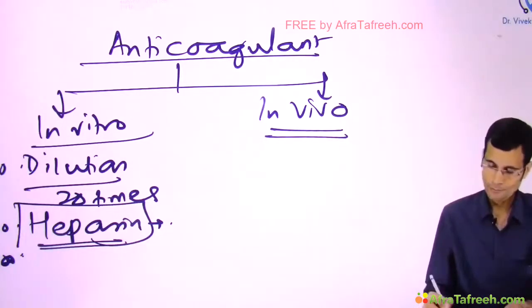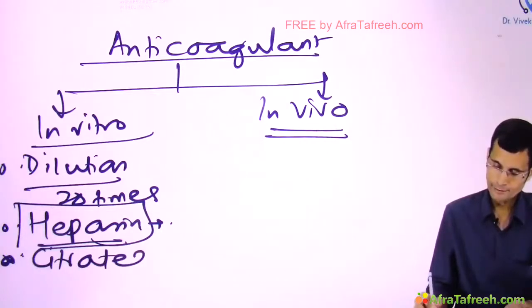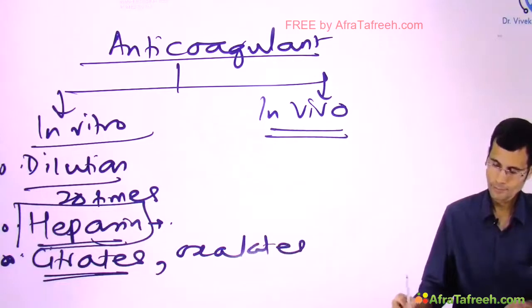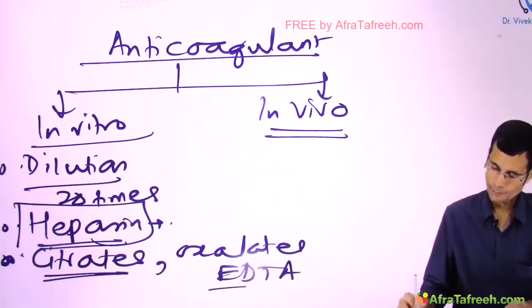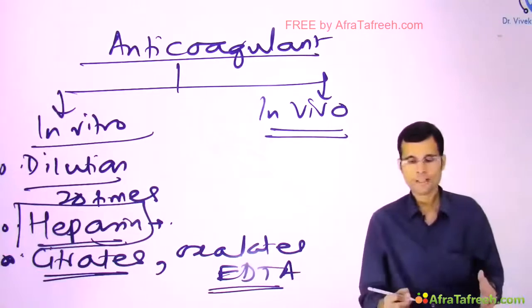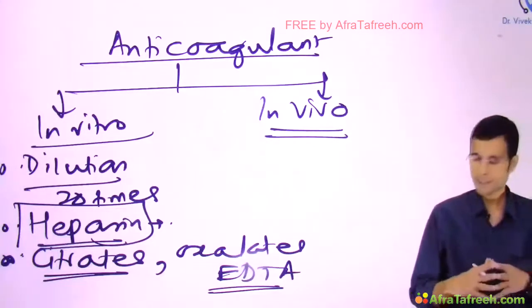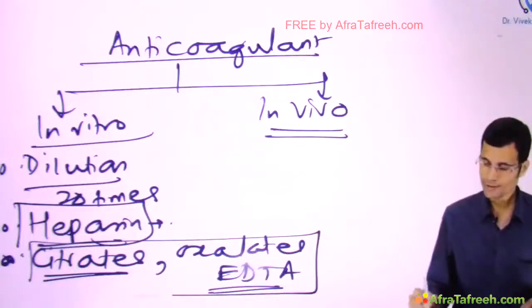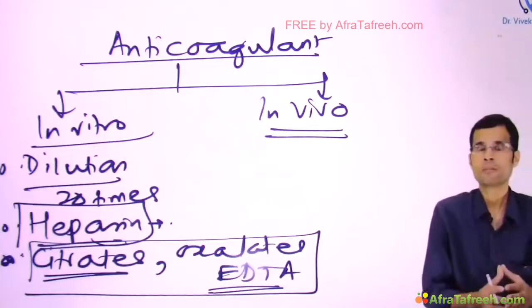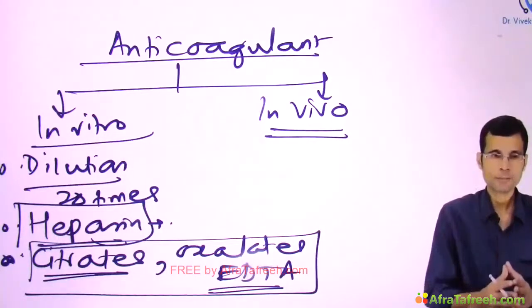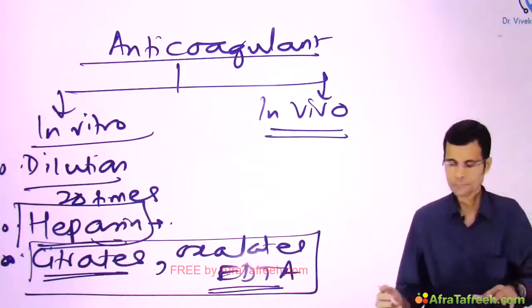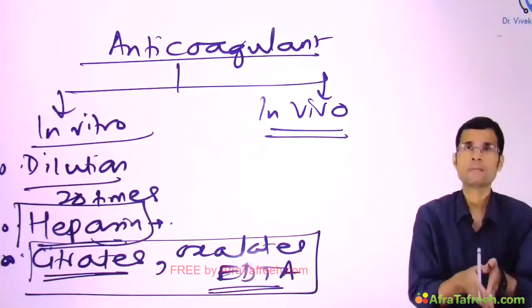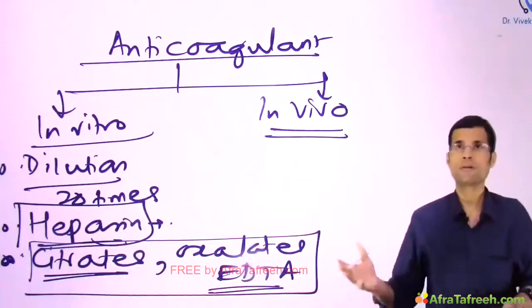Apart from this, the citrates, oxalates, EDTA, you see, each one of them has a certain importance. They are used for certain purposes. For example, citrates, oxalates, EDTA are used for collection and storage of blood samples, for blood testing, or for large samples of blood for transfusion.